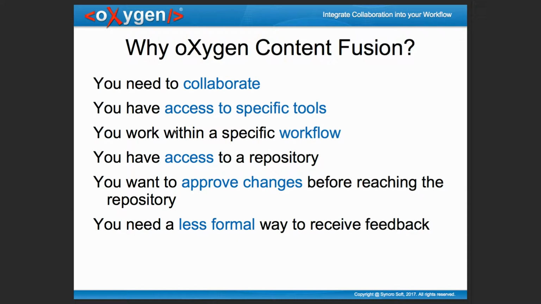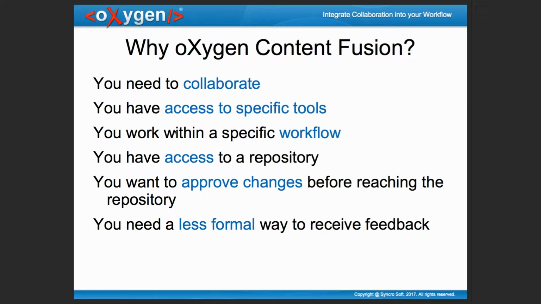Another reason may be that you do not want them to push changes directly on that repository, because you want to be in control of everything that goes into that repository, for instance, right? So you want to check the content before it reaches the repository.